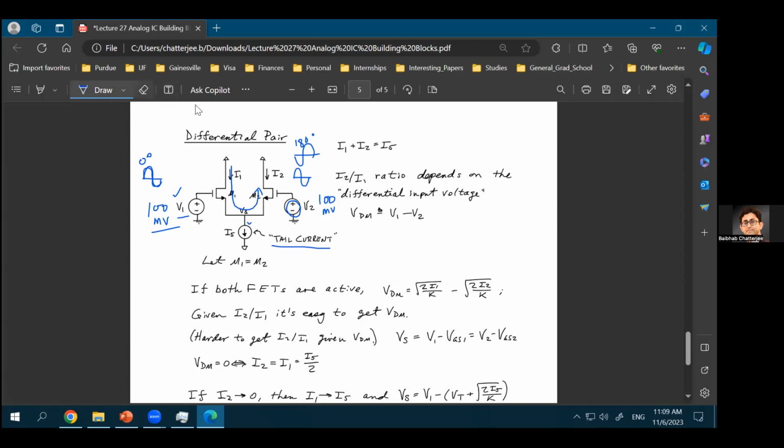Okay, so you are creating some amount of input current because of this 0-degree phase input. On the other side, you have a 180-degree phase input. So that is also creating the current in the same direction. So if this current is I1, the current that is created by the N2 transistor will also be exactly equal to I1. So the total amount of current that will eventually flow is equal to 2 times I1, right?